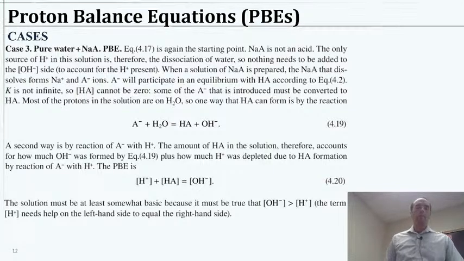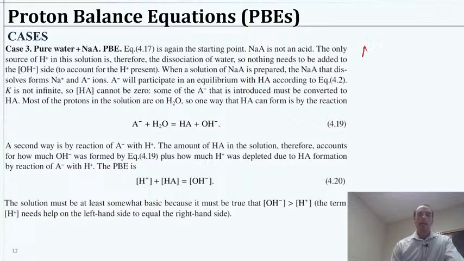Okay, so next up would be case 3, and this one's got a little more to think about here. We've got pure water and NaA. So what we can start with, before we develop the equation itself, is take a look at what happens when we dissolve NaA.